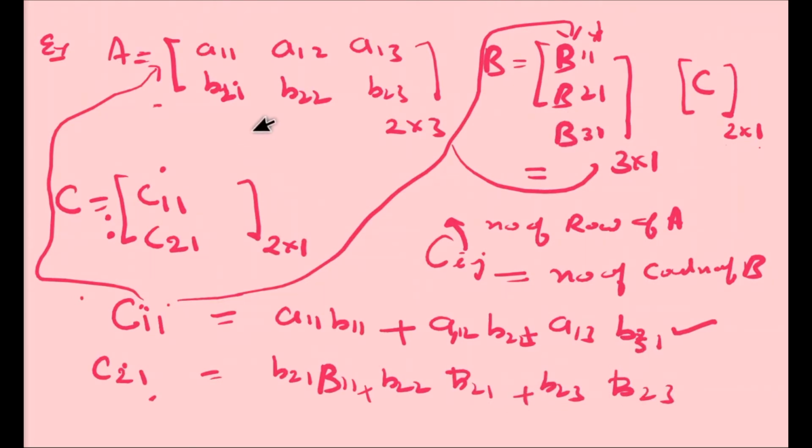So this will be multiplied by this and you can add it. Now this is your result. These 2 values I can put here.